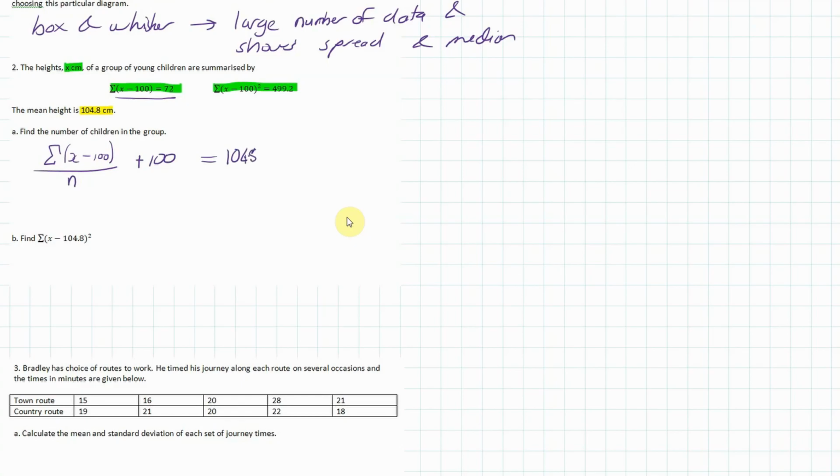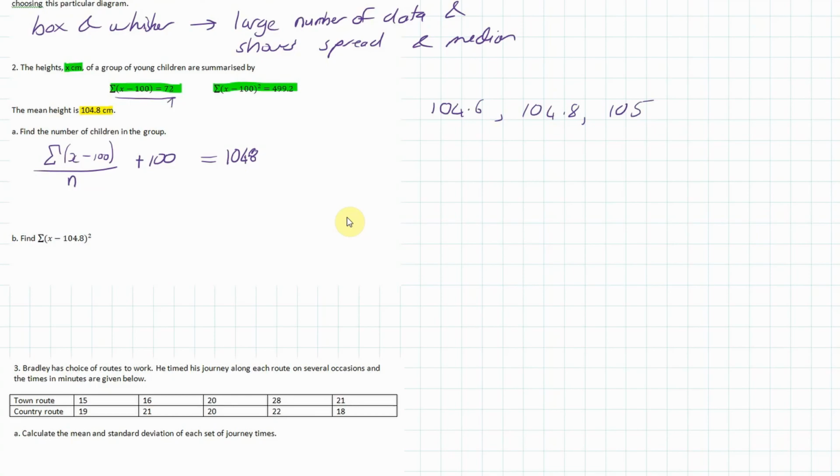So let's go over that again. Say we had 3 children with heights 104.6, 104.8 and 105.